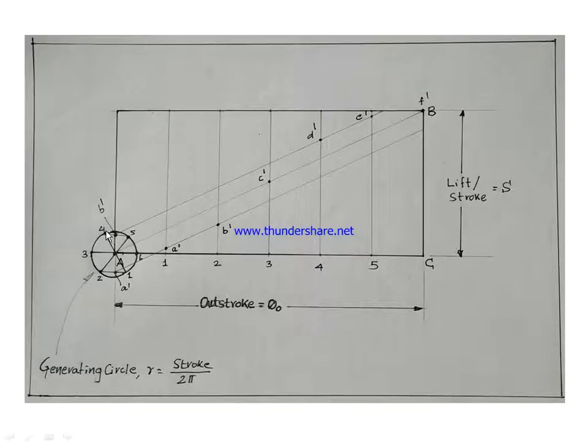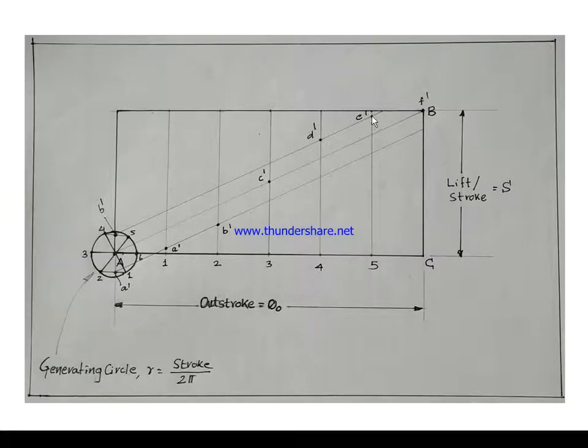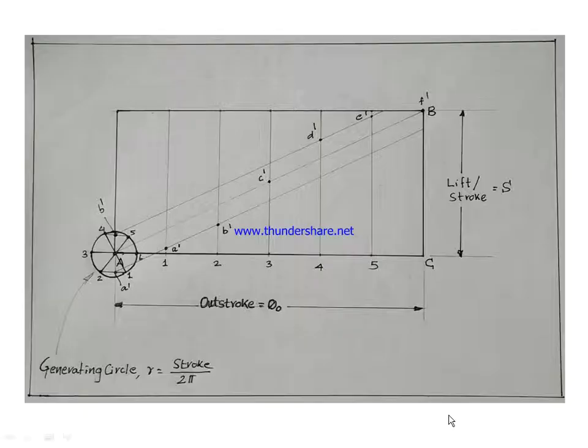This point contains 4 and 5, so 4 will intersect at D dash, and 5 will intersect at E dash. So on this vertical line 1 and 2 are here, so 1 will intersect at A dash, 2 at B dash, 3 which is here at C dash, and then 6 here. Similarly 4 and 5 are in this line, 4 at D dash and 5 at E dash.